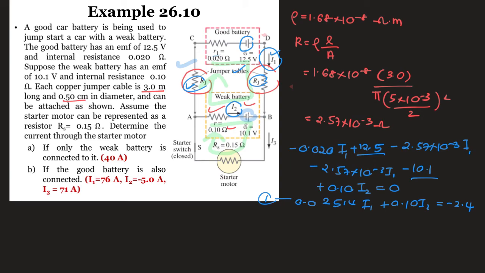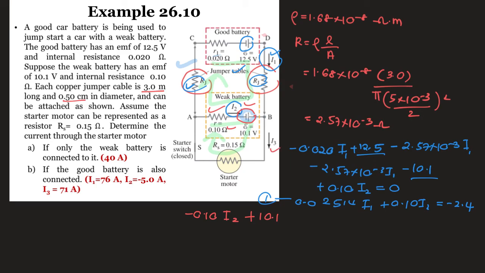Therefore, I'm going to get negative 0.10 I2. And the potential difference of the battery here: the assumption loop is moving from lower to higher, therefore I'm going to get positive EMF. There is no more resistor or potential difference on the path of I2.